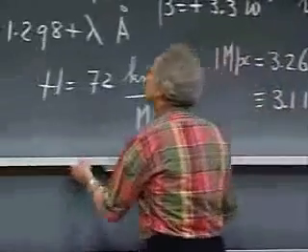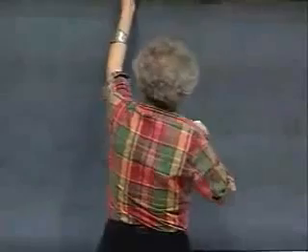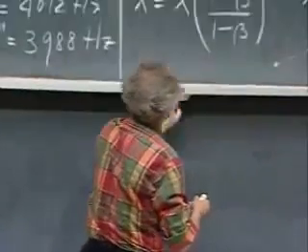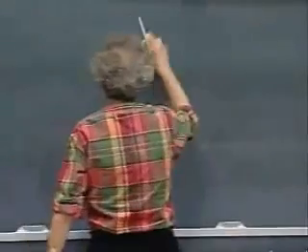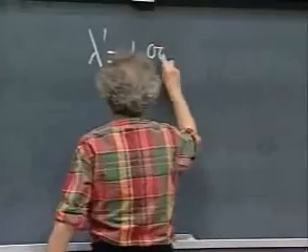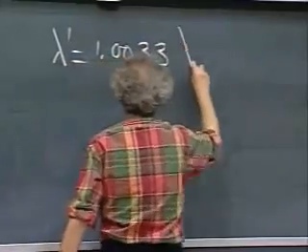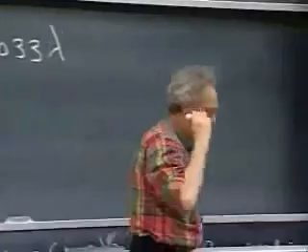I have a particular galaxy in mind for which lambda prime is 1.0033 times lambda. So notice again that the wavelength that I receive is indeed longer than lambda, so there is a redshift.